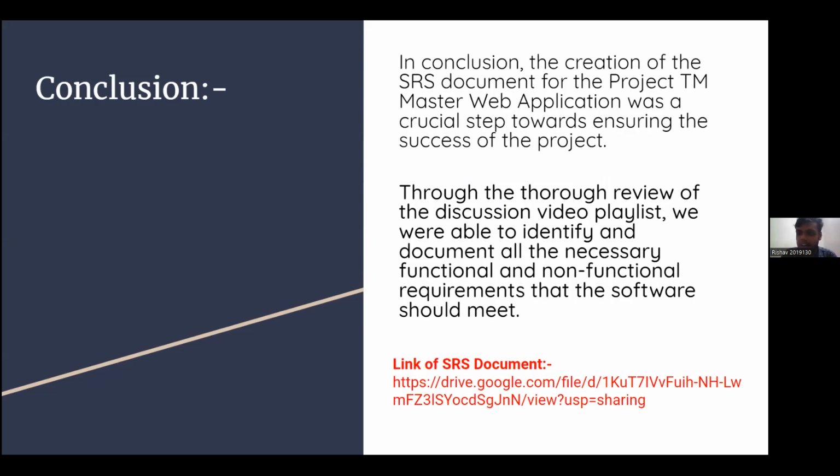Through the review and discussion of the video playlist, I was able to identify and document all the necessary functional and non-functional requirements that can be used in the software. So this is the link of the SRS document.